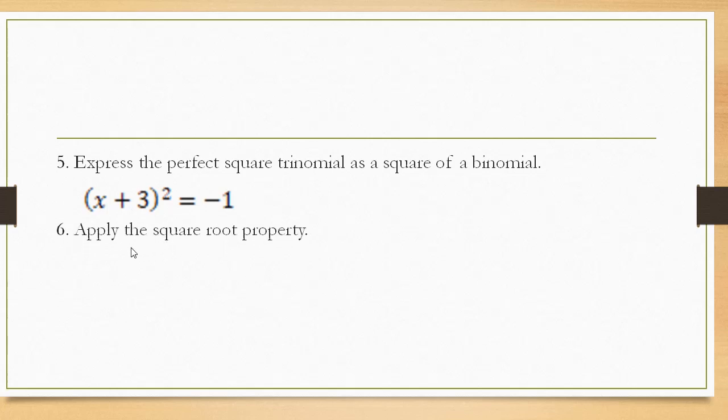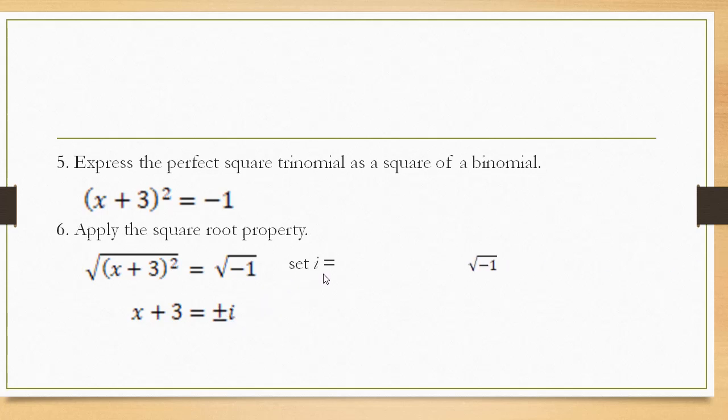And then, the last step is to apply the square root property. So, square root both sides. x plus 3 squared, take the square root. What is left? x plus 3, and then the square root of negative 1 is positive negative i. Why is it i?